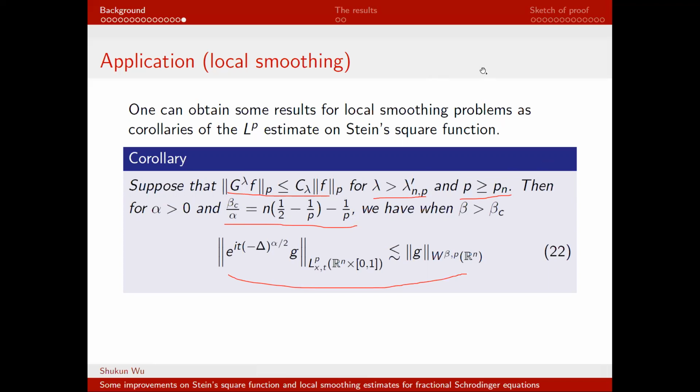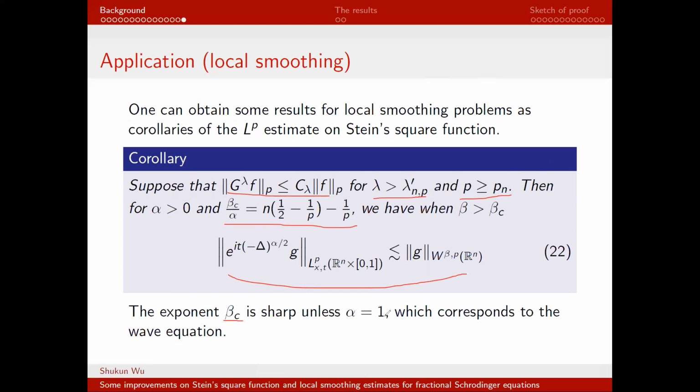And here's a little remark: beta c is sharp unless alpha equals 1, which corresponds to the wave equation. So as an application, Stein's square function can only give sharp results for local smoothing other than the wave equation. For the wave equation, it would give some result, but it is not sharp even for the regularity factor beta.